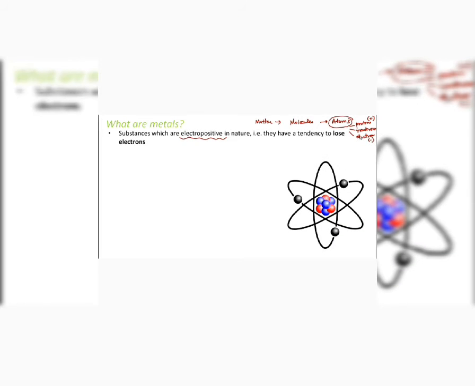Now metals are those substances which always have a tendency to lose electrons. If a substance is losing an electron, what will happen to that substance? Electron is negatively charged, so basically that substance is losing a negatively charged particle.